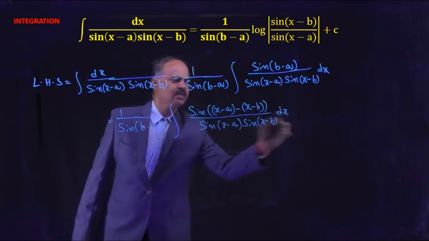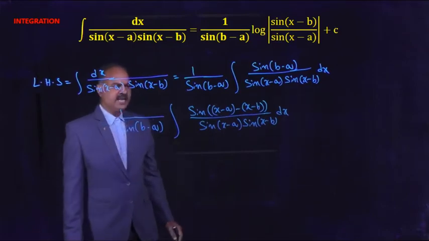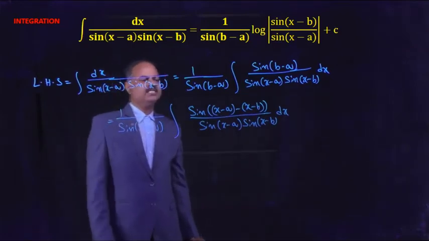Now this is of the form sin of (a minus b) equals sin a cos b minus cos a sin b.